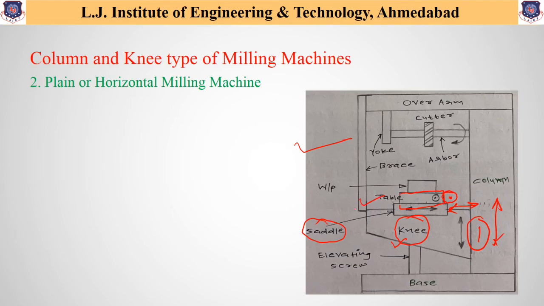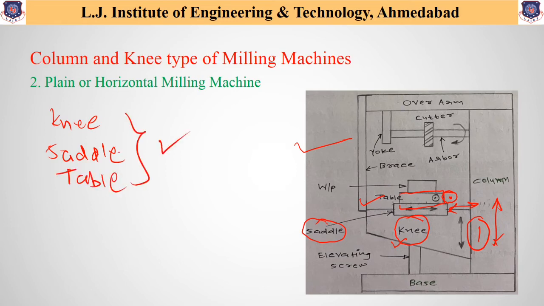So the main three parts are, first, the knee, second, the saddle, and third, the table. These three parts help to provide movement to the workpiece. So these are the basic movements available in this horizontal milling machine.